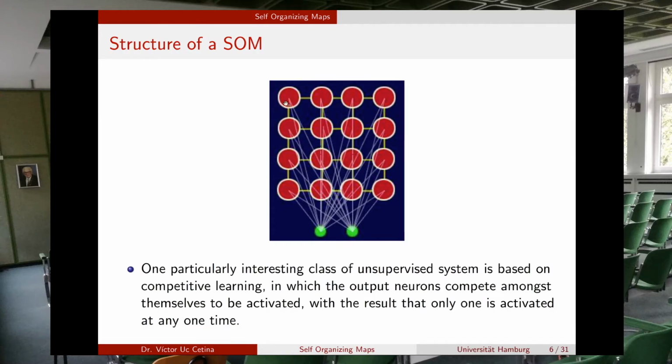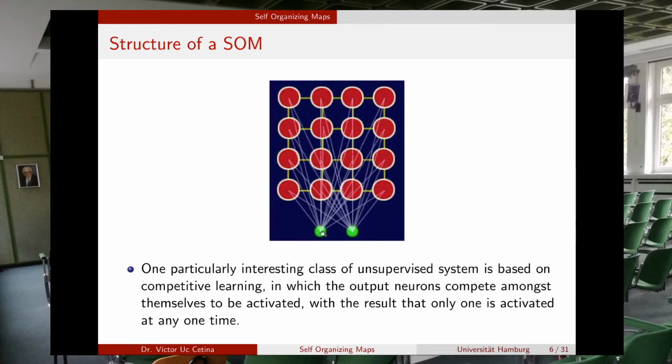Here we have an arrangement in 2 dimensions, an arrangement of 4 by 4, so a total of 16 neurons. And in this diagram the input vectors are in dimension 2, so that's why we have only 2 circles here. If we were talking, for example, about input vectors in dimension 5, we would have 5 green circles here.